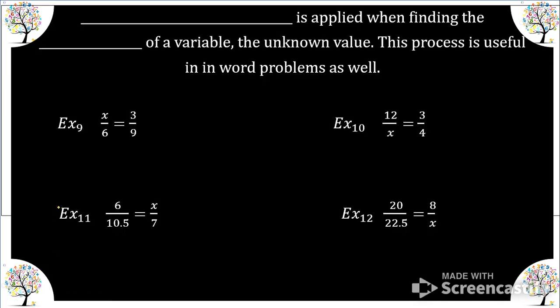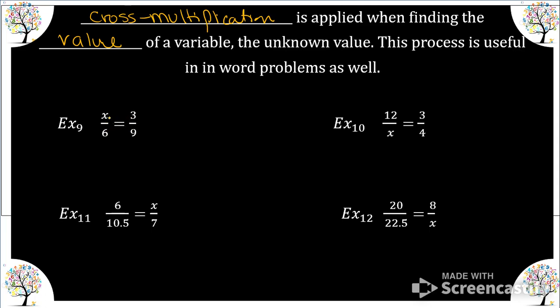Cross multiplication is applied when finding the value of a variable, which is an unknown value. This process is very useful in word problems. Recall, we just learned that. So here we have some number over 6 is equal to 3 over 9.